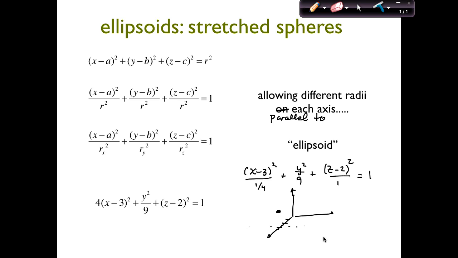It's going to be really scrunched in the x direction because its radius is 1/2. It's going to be stretched in the y direction because the radius is 3 in that direction, and z is just kind of where it was before. So what will that look like? Up 1 and down 1, over 3 and over 3, and then back 1/2 and forward 1/2.